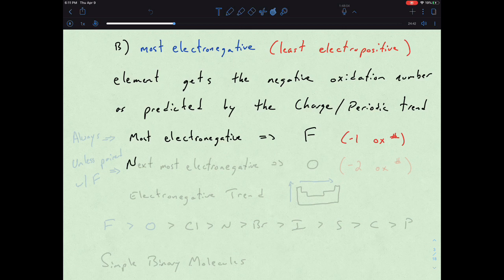You could say that the next most electronegative would actually be then oxygen. And where we find it on the periodic table, you would say it's going to have a -2 oxidation number.